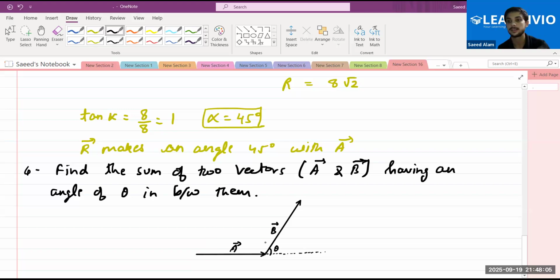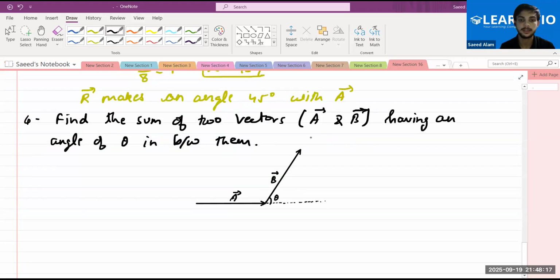But to sum them up, I need to join the tail of one vector with the head of the other vector, because I'm finding the sum of those two vectors. Is this clear to you? Yes.